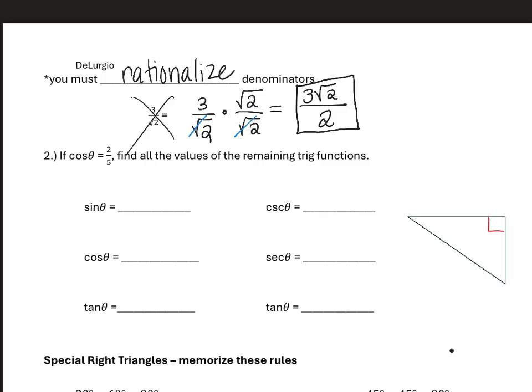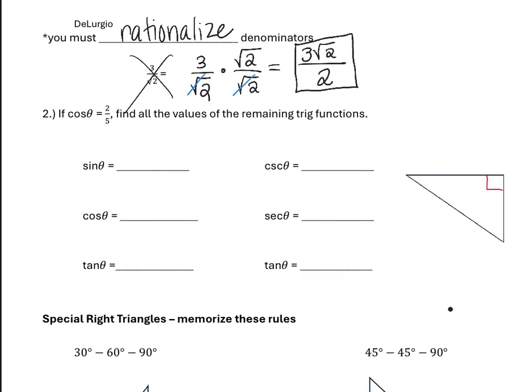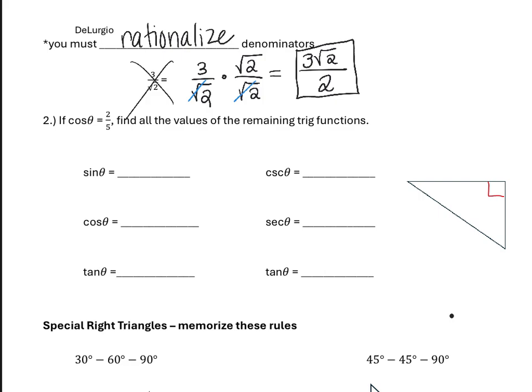Okay, so what I did is I changed this a little bit. Number 3 is what we're going to use for that blank triangle there. So it says if cosine theta equals 2/5, find all the values of the remaining trig functions. Okay, so let's label our angle theta since it's not labeled for us. Let's put it down here.